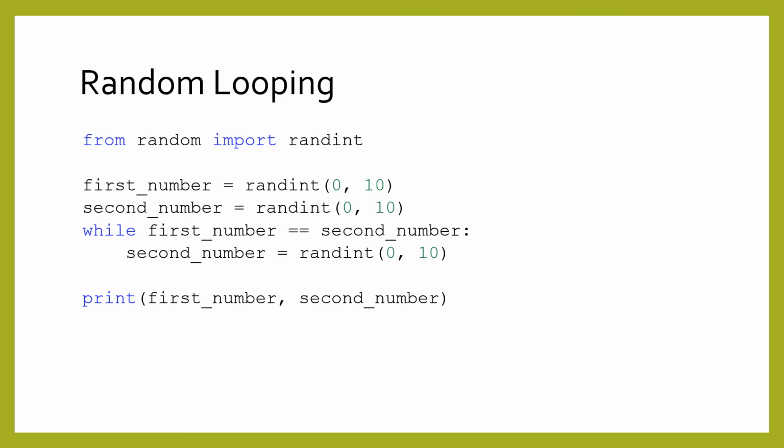If the second number is the same as the first number, we repeatedly re-roll the second number until the two numbers are different. There are often ways to achieve the same effect using complicated math, but a while loop can be a straightforward solution. Of course, in the worst case scenario, we might end up rolling badly each time and waste a fair amount of time waiting to find a good number.